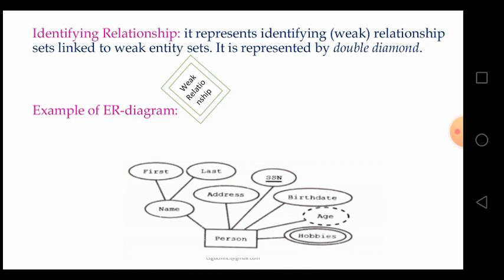Next, entity relationship diagram notations. Relationships illustrate an association between two tables. In the physical data model, relationships are represented by stylized lines.